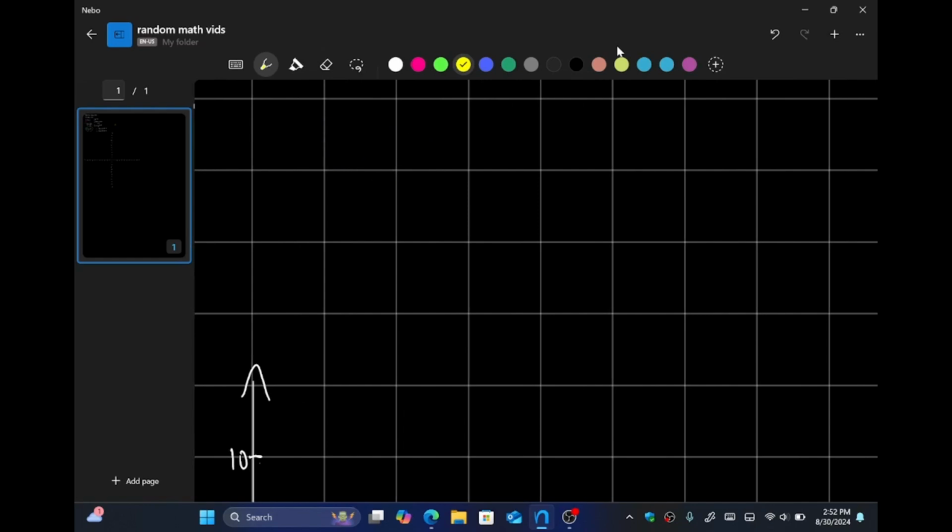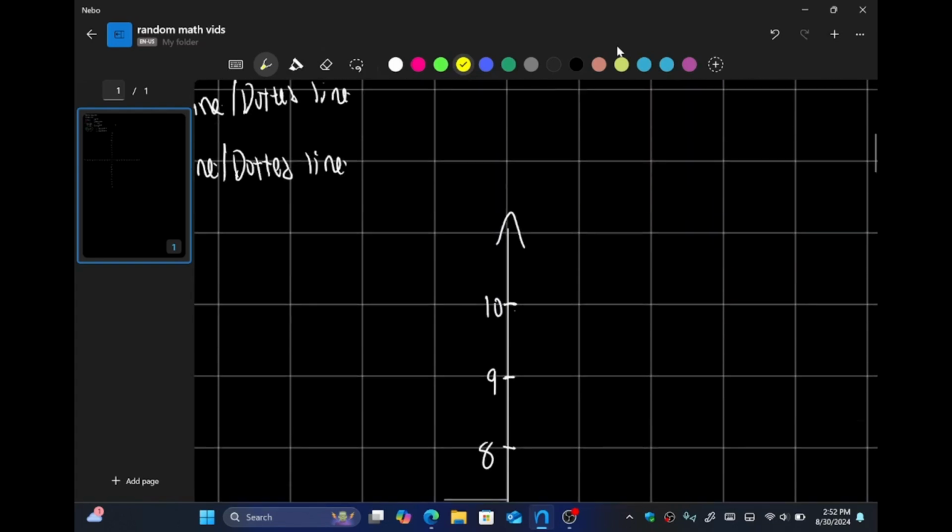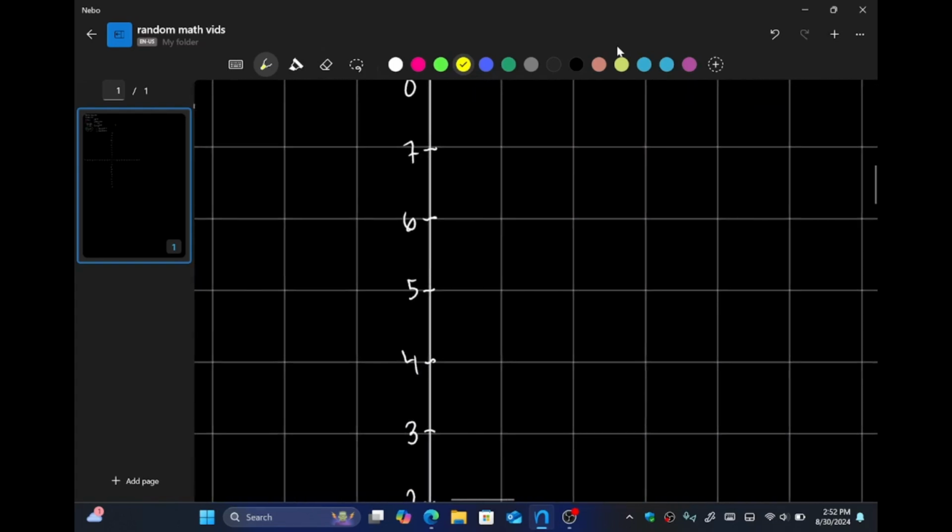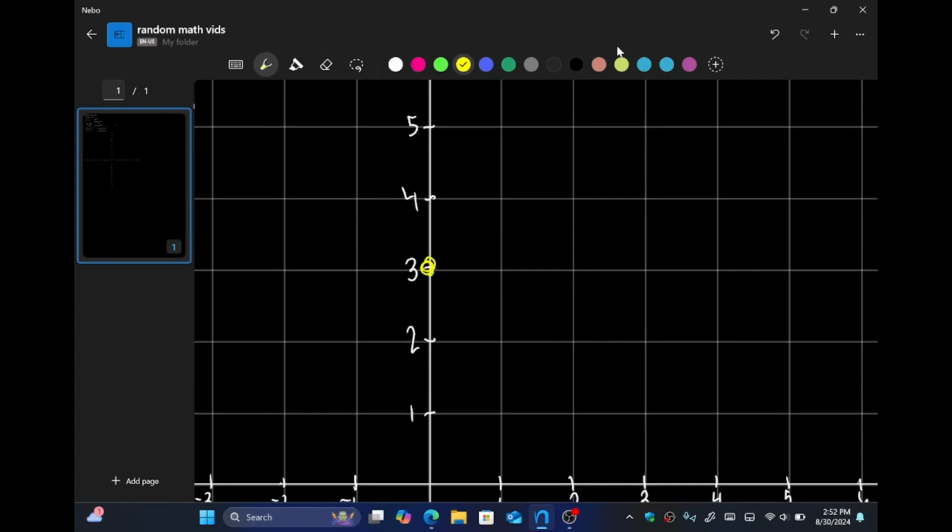Now, we're going to put our y-intercept at 3, okay? And so we're going to go 1, 2, and then 1, 2, 3.